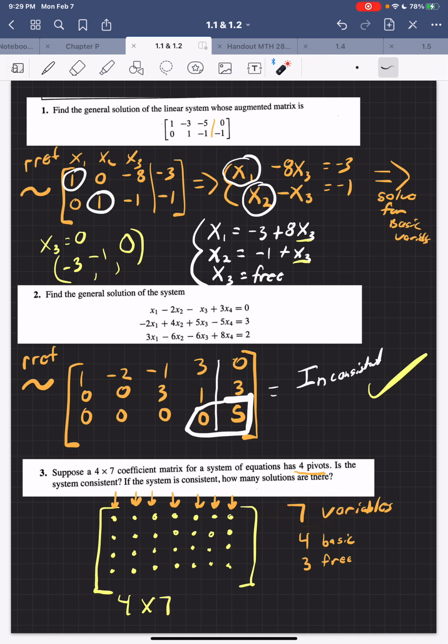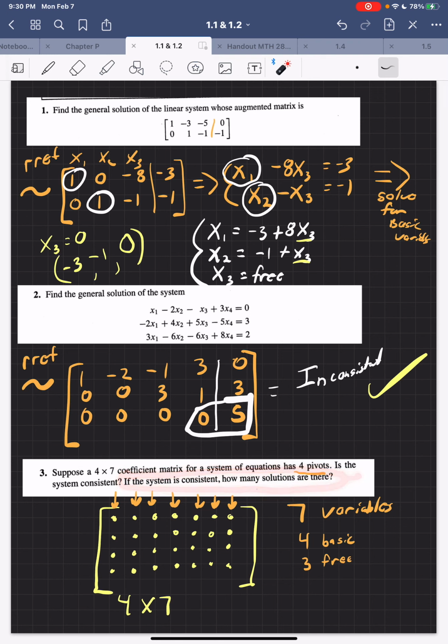Now, it says, first off, is the system consistent? If the system is consistent, how many solutions are there? Let me go ahead and answer this. You would never do this. You would answer the first question before the second one, but I'm just going to go ahead and answer the second one.